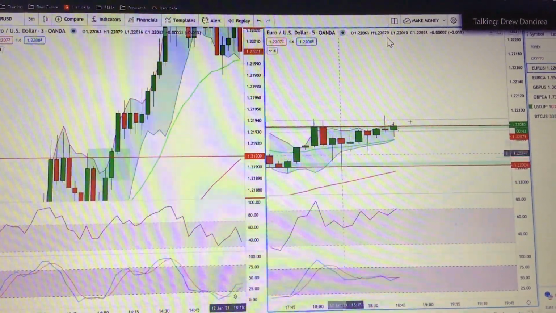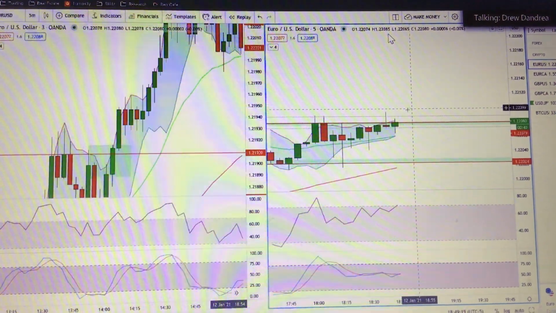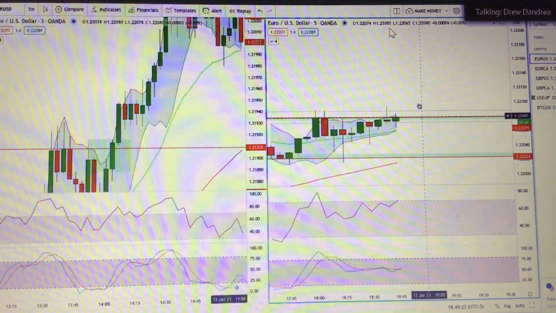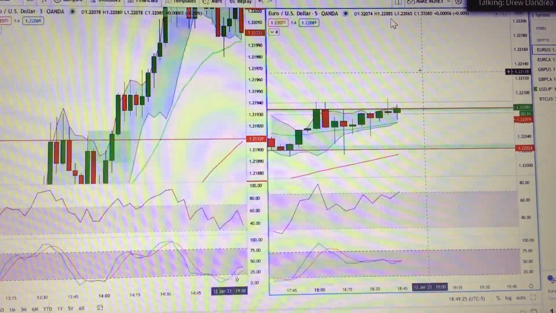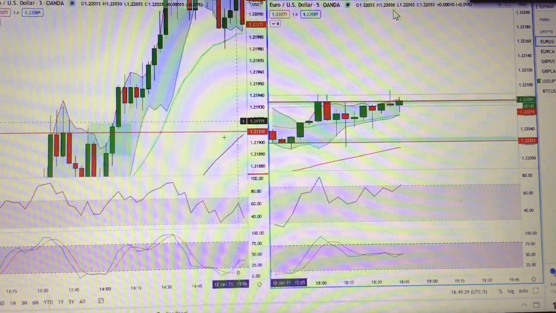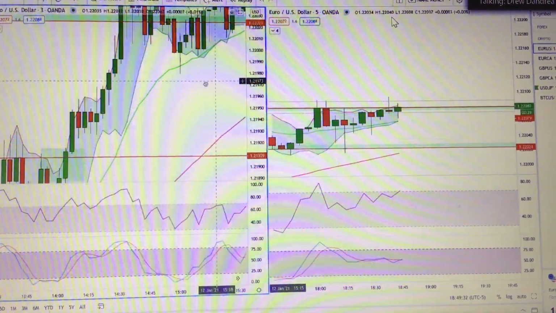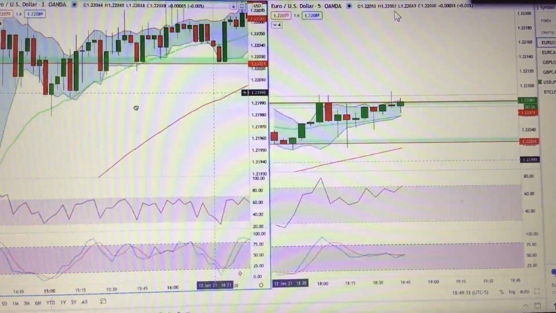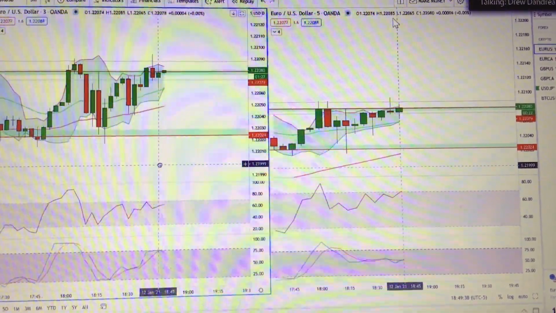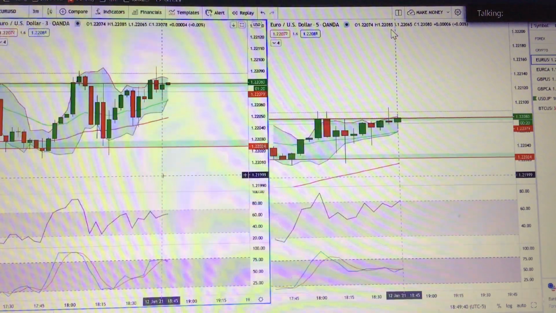If this does break up, you'll see maybe 2 green candles, maybe a small pullback to retest this, and then it may continue up. I don't know, but check on it maybe after this call in another hour or so. And you can tell me whether I was right or wrong. Maybe I'll check it. Okay? But that's what we're looking for.